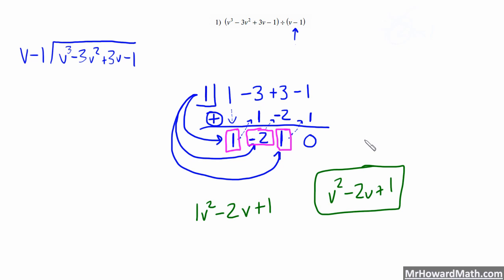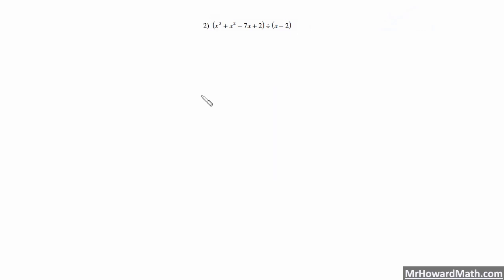Alright, so let's look at example 2. I know there's a lot of rules and process steps to the synthetic division, but once you get it down, it's actually really quick to do any of this polynomial division in which you have a leading coefficient of 1 where you can actually use it. So let's move on to example 2, and hopefully that'll clarify it for you.